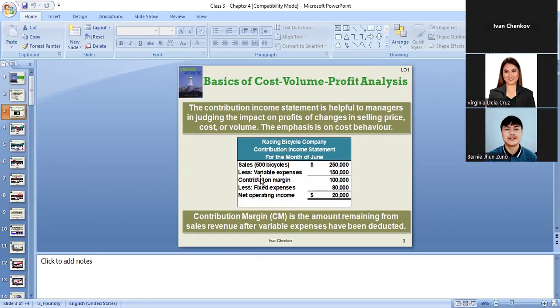What we see here is that we're moving to the contribution margin format statement, which means the costs are divided only by behavior, variable and fixed. We have the contribution margin, the fixed cost, and the operating income. Operating income is always equal to the contribution margin minus the fixed cost, but the contribution margin itself is equal to the sales minus the variable cost.